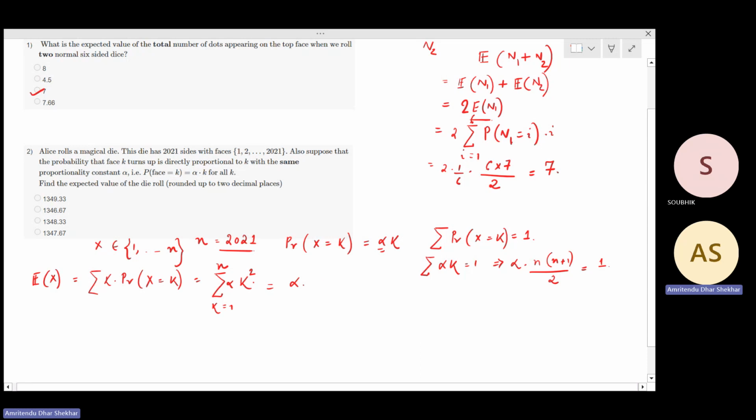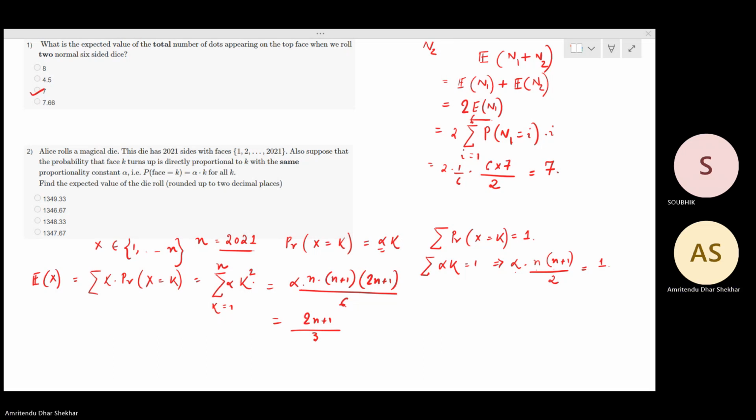We know the sum of the first n natural numbers squared equals n into n plus 1 times 2n plus 1 upon 6. Now we know that alpha times n into n plus 1 by 2 equals 1. So this is equal to 2n plus 1 by 3. So when you substitute n equals 2021, the answer is 1347.67. Just verify that.